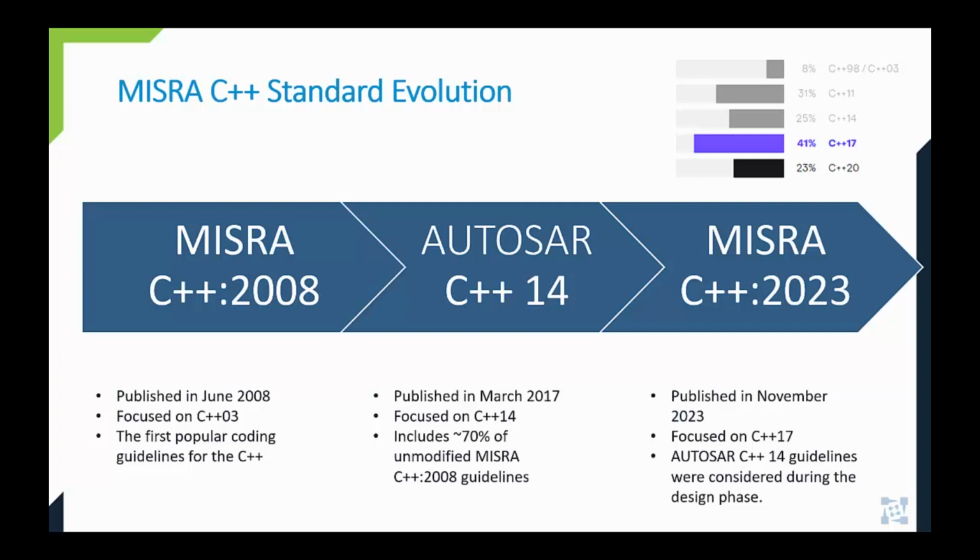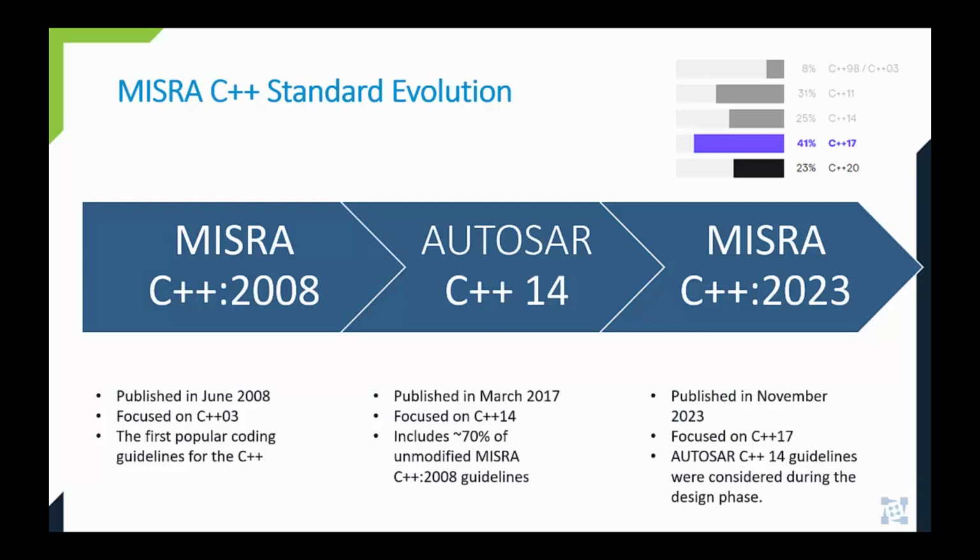Almost a decade later, AUTOSAR C++14 was published. AUTOSAR is an organization focused on standardizing the software architecture of automotive electronic control units, ECUs. Well, they got weary of waiting for the next revision of MISRA C++ 2008 in support of C++11 and C++14, so they created their own, and AUTOSAR C++14 was born.